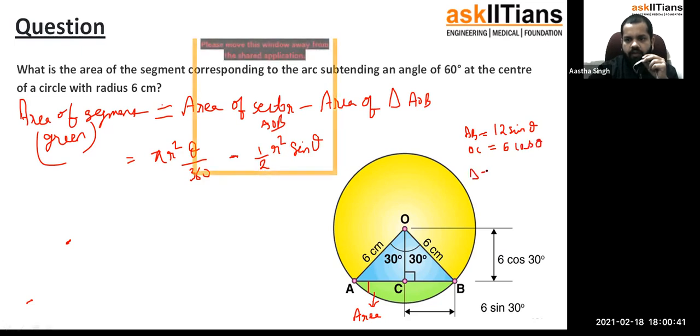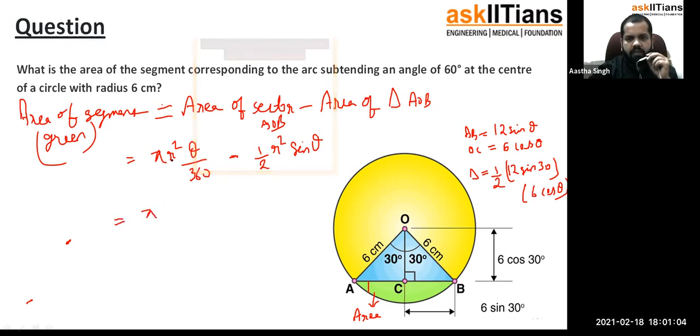So area of triangle will be half base into height. What is base? Base is 12 sin 30 into your 6 cos theta, right? Then at the value of theta, you will get the area of triangle half r square into sin theta, right?